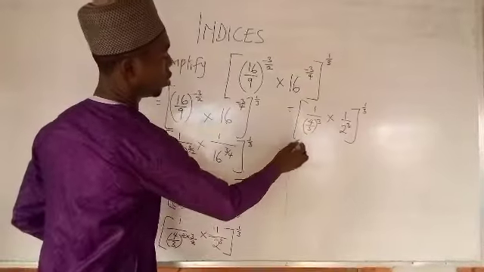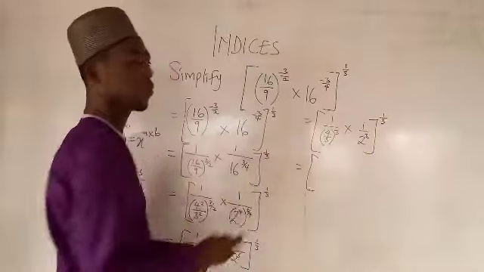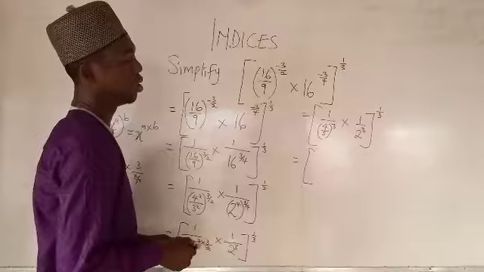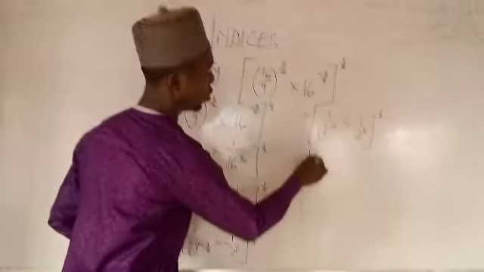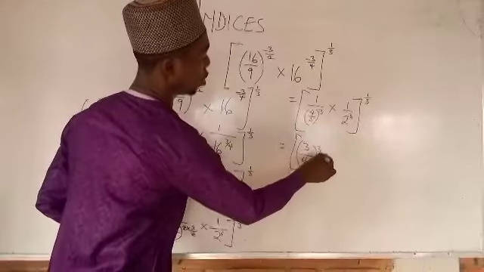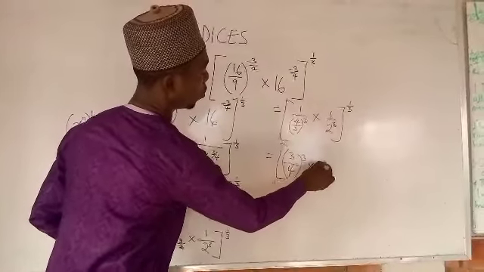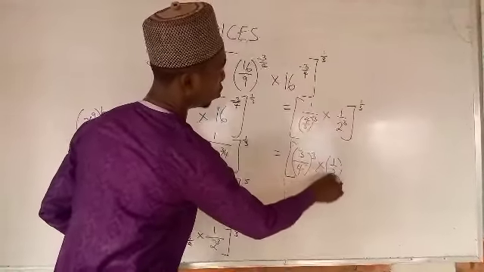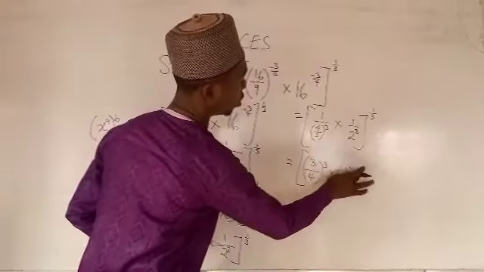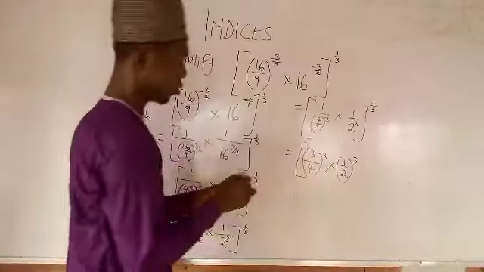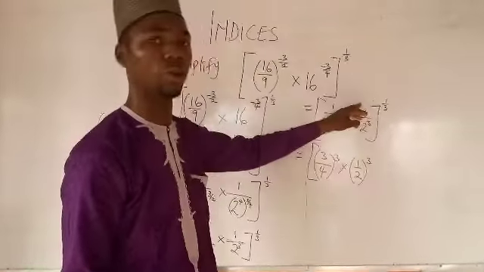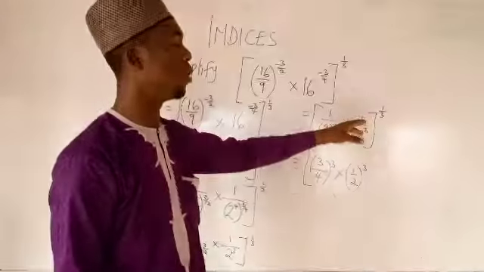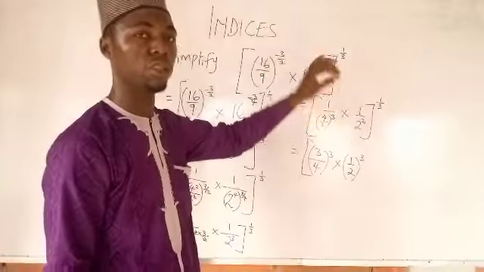So this 1 over 4 over 3 is the same thing as 3 over 4 raised to power of 3 times 1 over 2 raised to power of 3. You can see that I've put 1 in bracket together with 2, even though 1 was not carrying any power. Well, any power we raise 1 to will still give us 1.